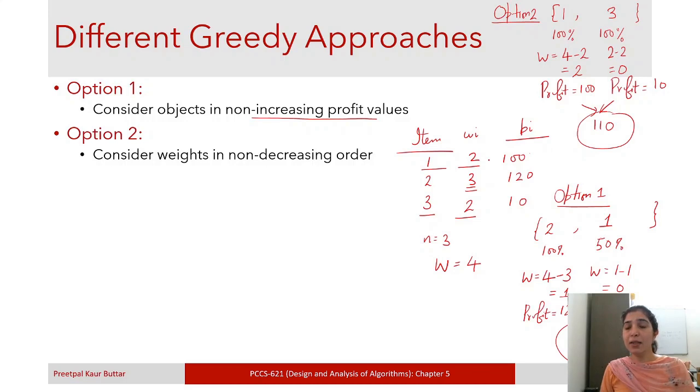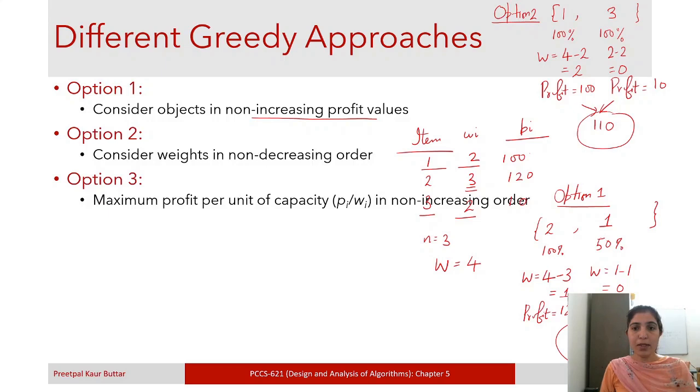Is there any other solution? Can we get even more profit? Let us see. There is another option, option 3. What is option 3 saying? It is saying to take the maximum profit per unit of capacity, that is P_i by W_i, meaning what amount of profit each unit of an item is giving.